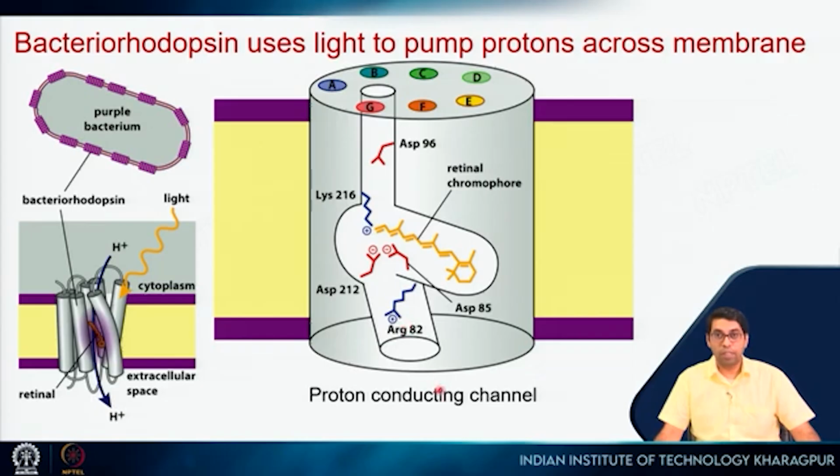So they are lined with these charged groups. We will see that this aspartic acid 96 and this one 85, these are particularly important, and they play a very critical role in the transfer of the proton through this channel, and also ensure that the proton transfer happens only in one direction. So it happens in this direction and not in the reverse direction.